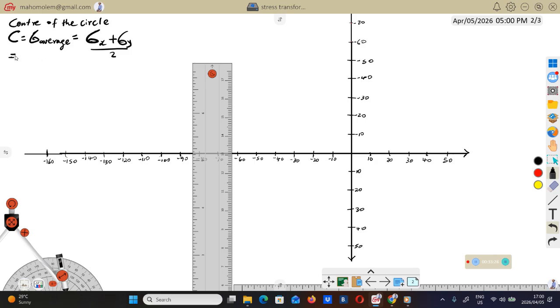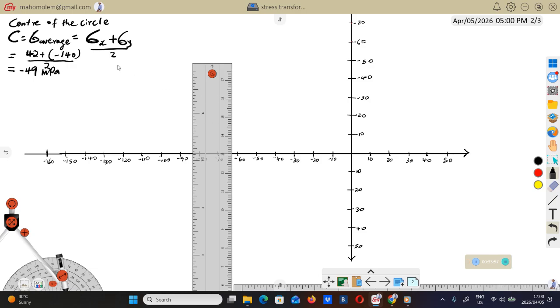So this will be equal to 42 negative 49 MPa.